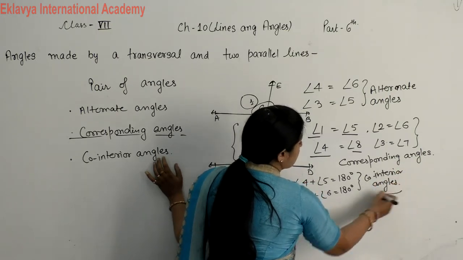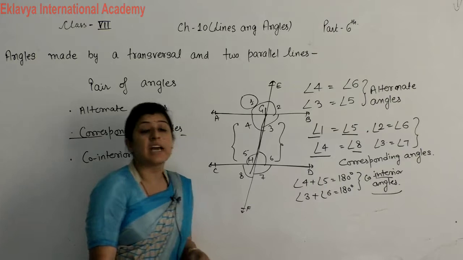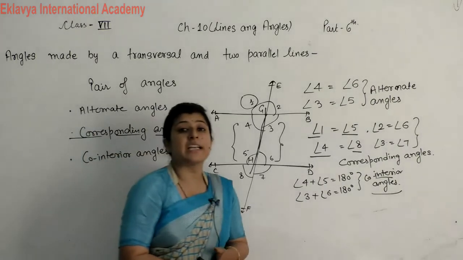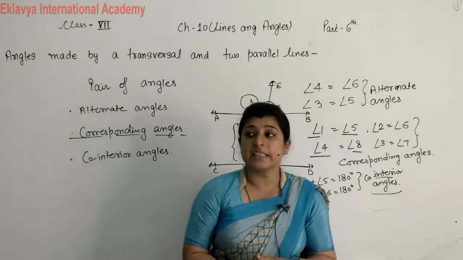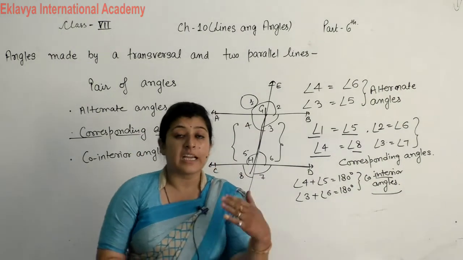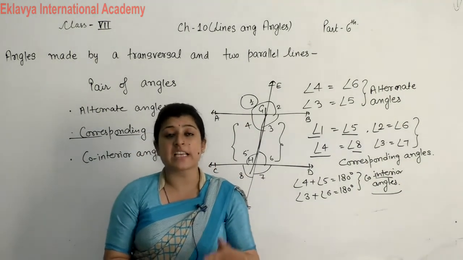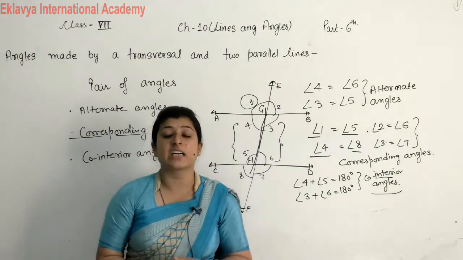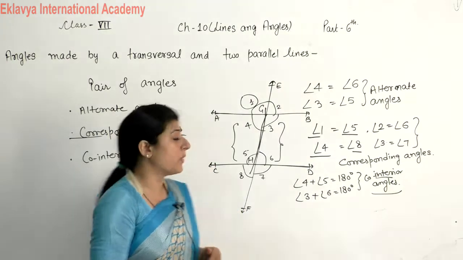So what can we say about all these angles? If a transversal intersects two parallel lines, their alternate interior angles are equal. If a transversal intersects two parallel lines, their corresponding angles are equal.